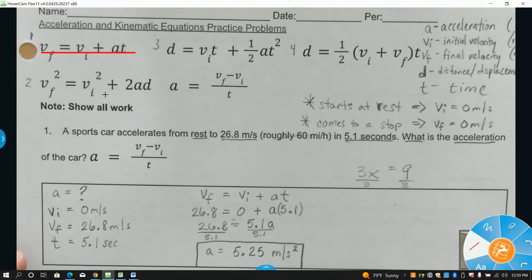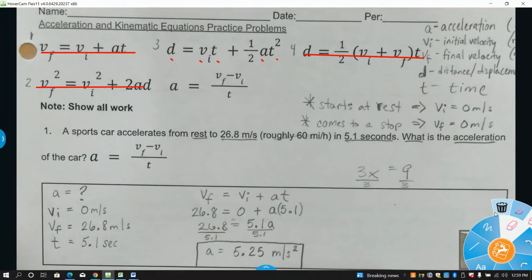This one has a D, it has A, it has VI, but we don't have a VF, and we don't have time. We can't use that one. Okay, we have VI, T, we have D. There's no A in this one, so we can't use that. We have D, we have VI, we have T on both sides here, and we have A. So we're going to be using equation 3.